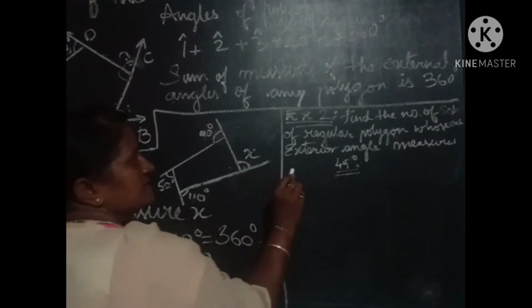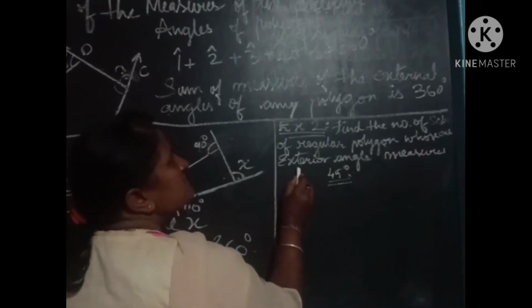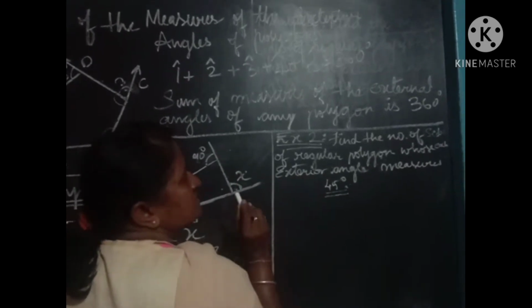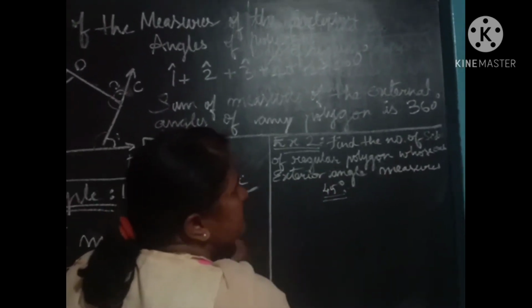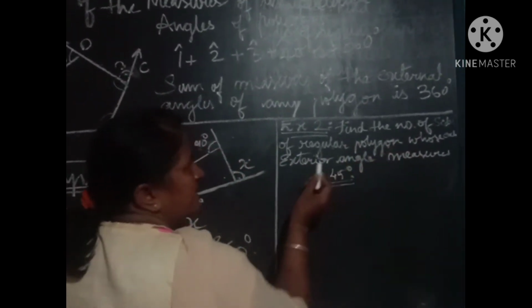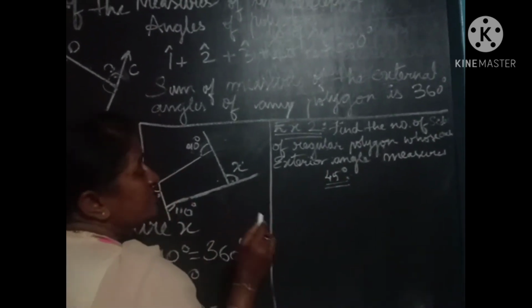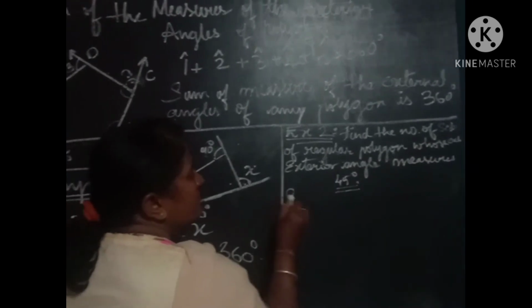Please see your classwork as well as your textbook. If it is not seen properly, please refer to the classwork or textbook. Now let us see how to solve this one.